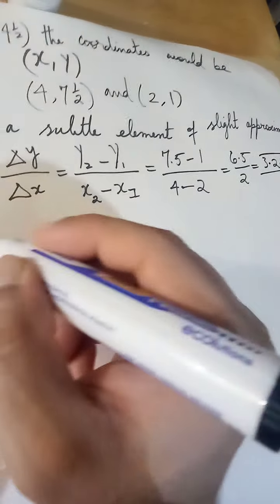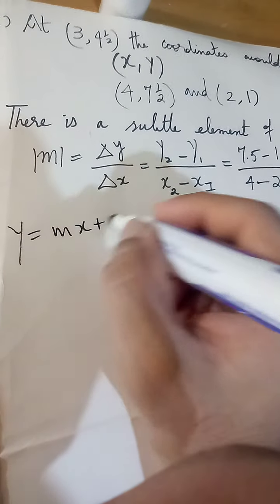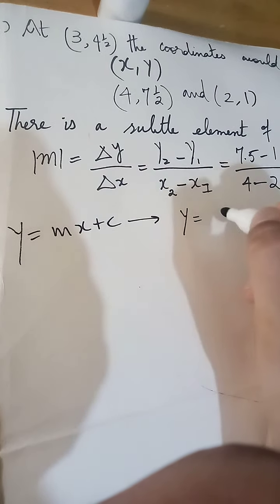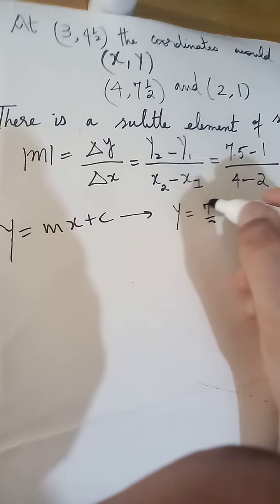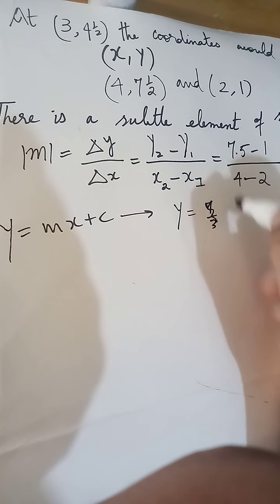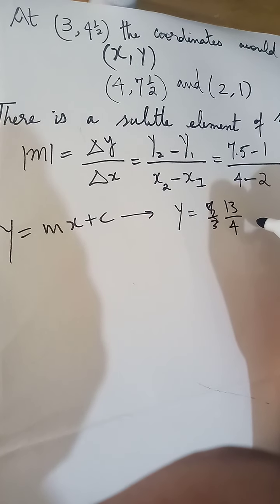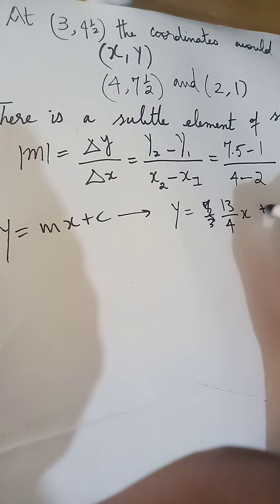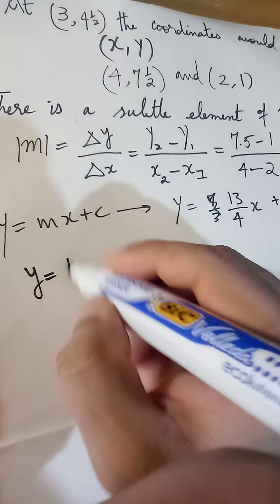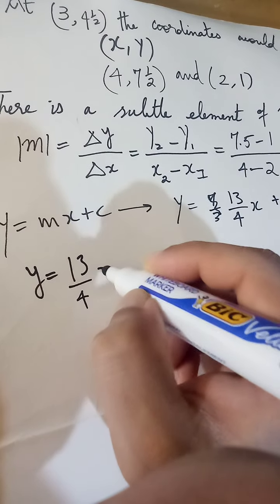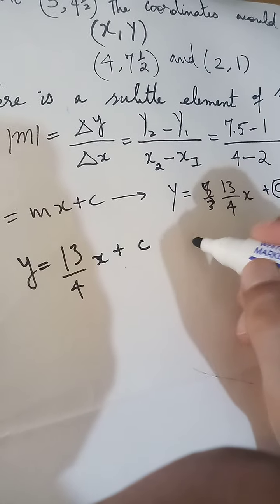The equation becomes 13 over 4x plus c. Now if I wanted to find out c, I'd plug in 2 and 1.